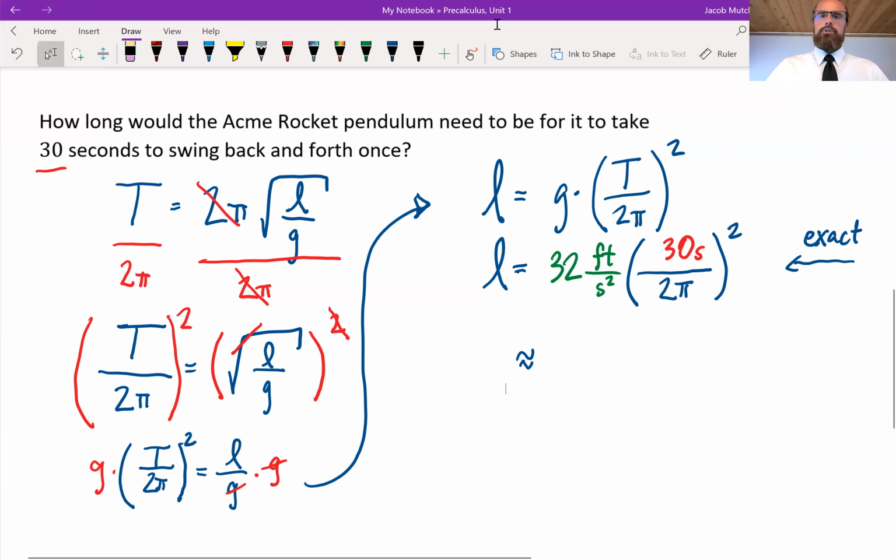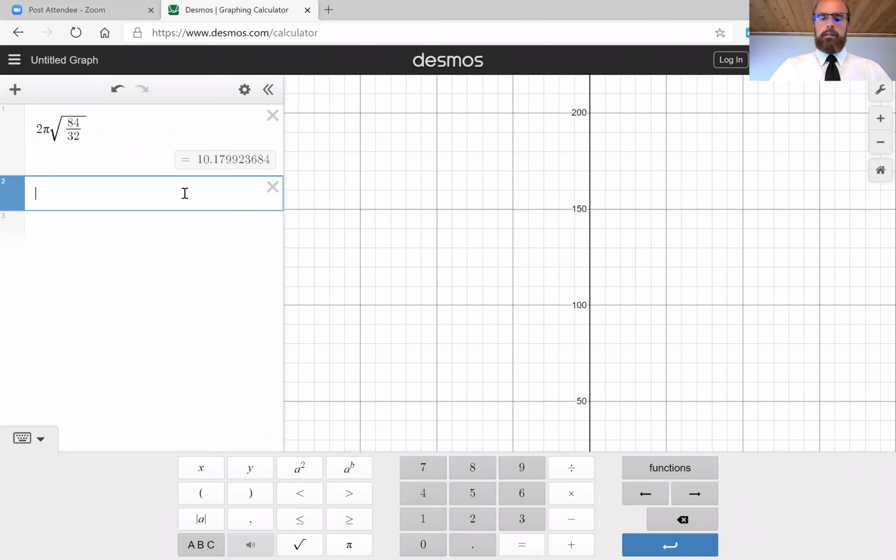Let's share the Desmos view. And like we did, I'm just going to type in what I had input there in that modified equation. So 32 feet, times parentheses, and then there we're going to put our time over our 2 pi.